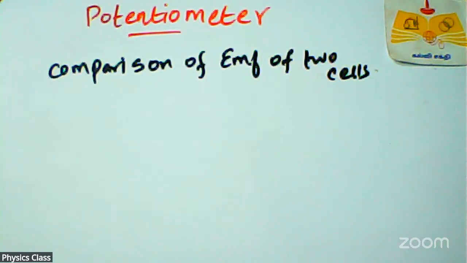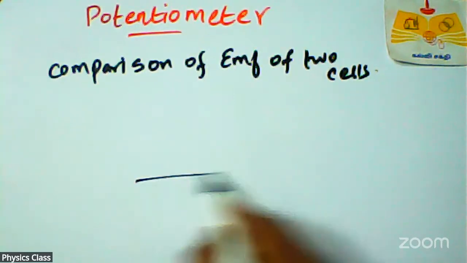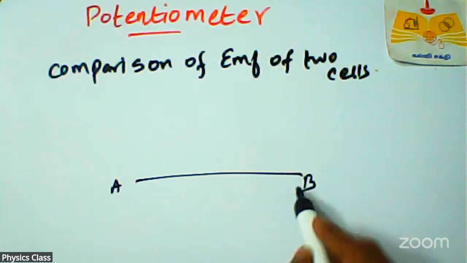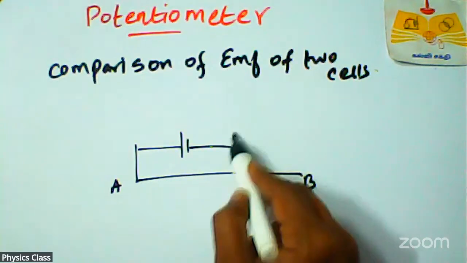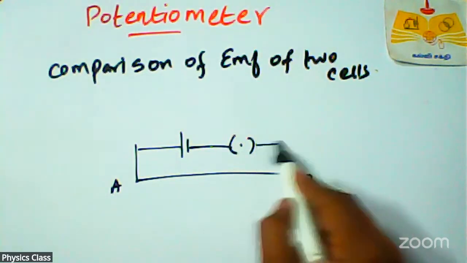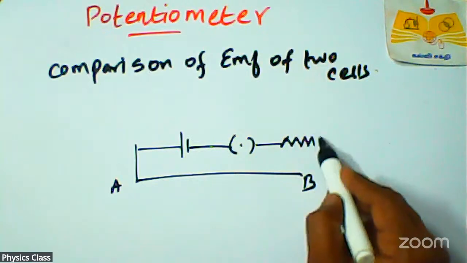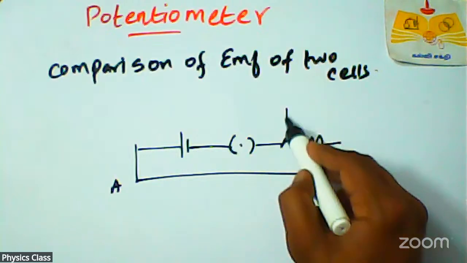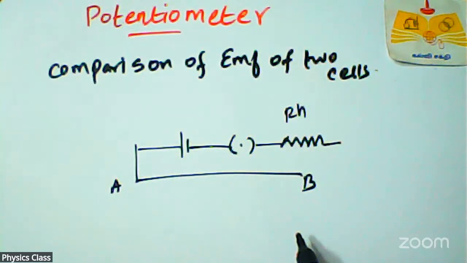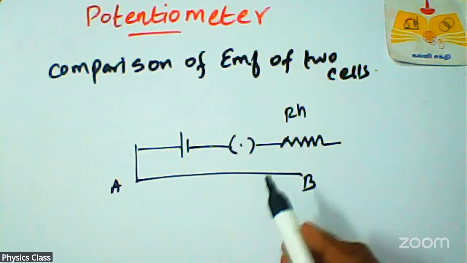To compare the EMF of the two cells, we make a circuit like this. Here A, here B. Already you know that. Here battery, here key. Now introduce one apparatus, that is a rheostat, which is used to change the resistance in the circuit.